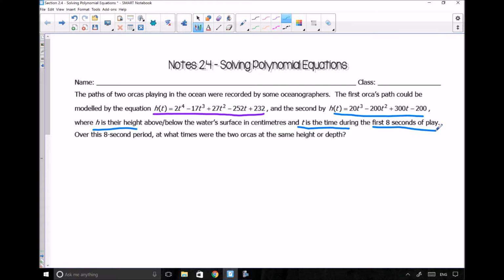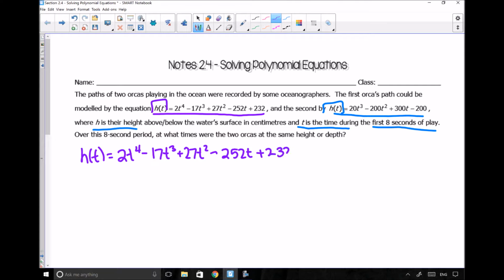So essentially, I just want my two h's to be the same, okay? So if my first function is h of t equals 2t to the power of 4 minus 17t cubed plus 27t squared minus 252t plus 232, and I want that to be the same as this piece right here, I can just set it equal to each other.